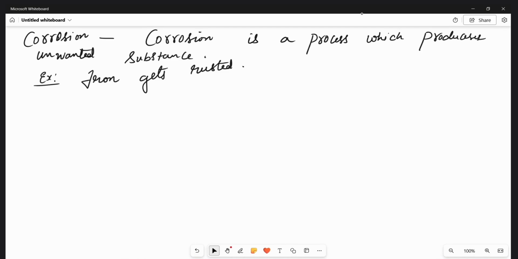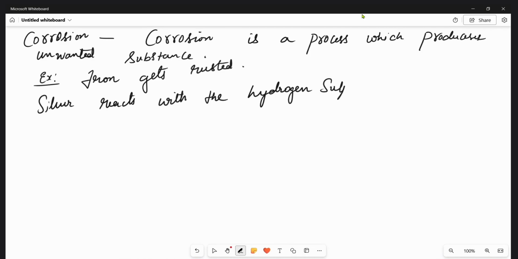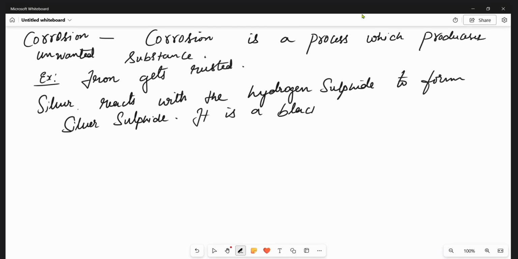Silver reacts with the hydrogen sulfide to form the silver sulfide. It is a black coating.